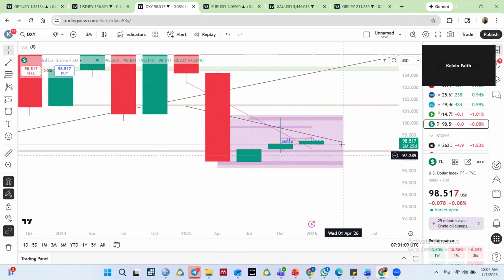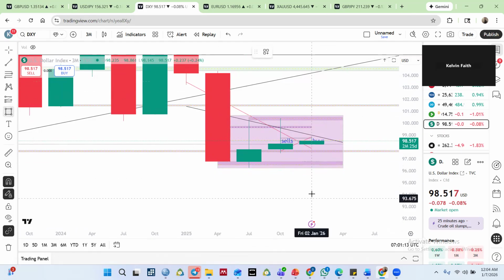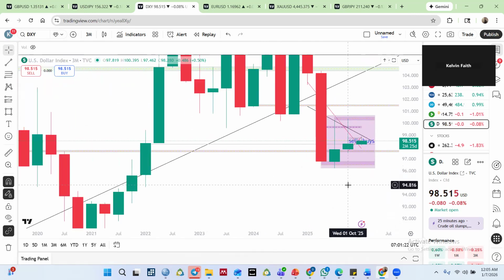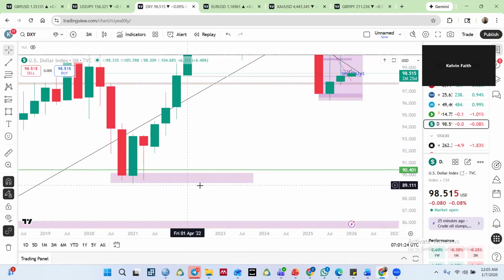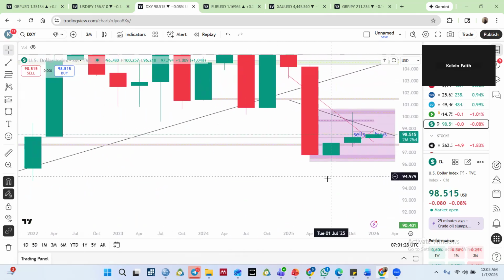Or we need price to break below this area here. Then we can know that sellers might be in charge to drive the market back to this next level down. So that's what we need to happen.